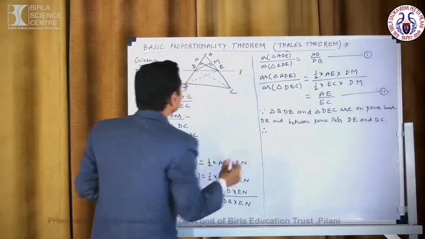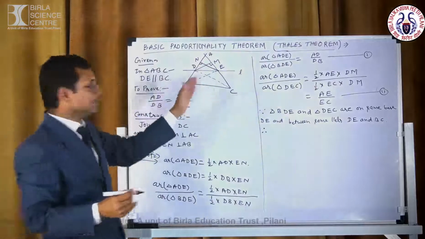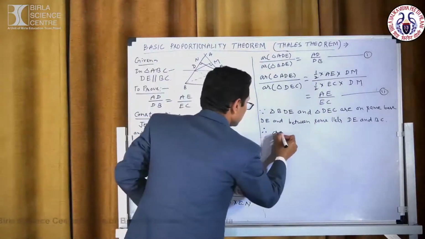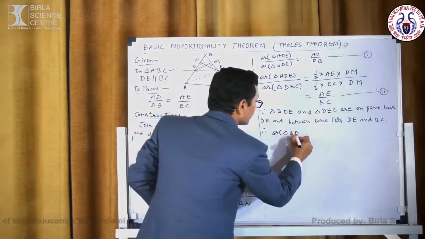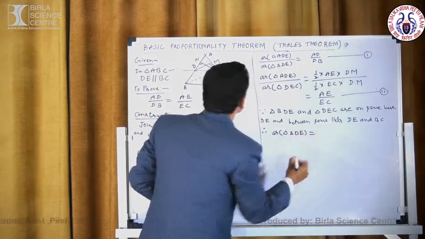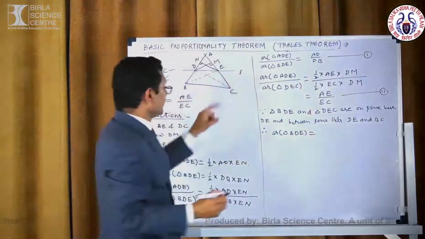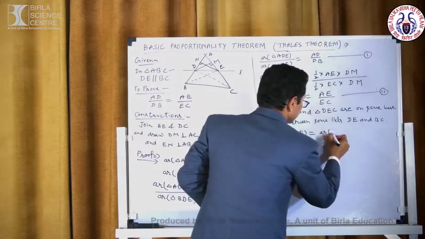Therefore, they will be equal in area, means area of triangle BDE is equal to area of triangle DEC.